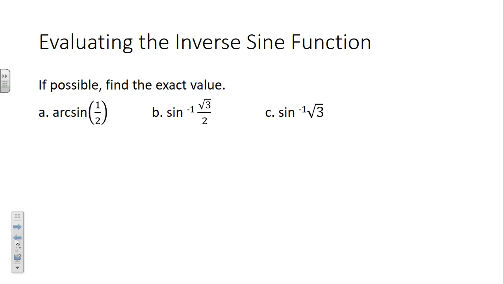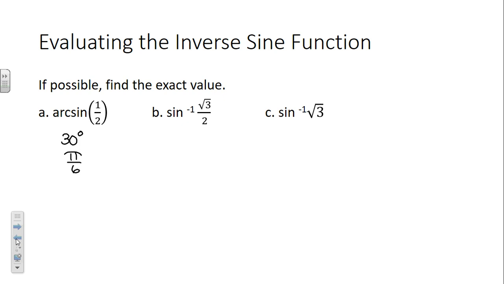And then we also said that a 30-degree reference angle in the second quadrant would also be positive, right? But because our arcsine is restricted to be between negative pi over 2 and pi over 2, we only have to talk about the 30-degree angle in the first quadrant. Does that make sense? Okay, so this is going to be 30 degrees or pi over 6.